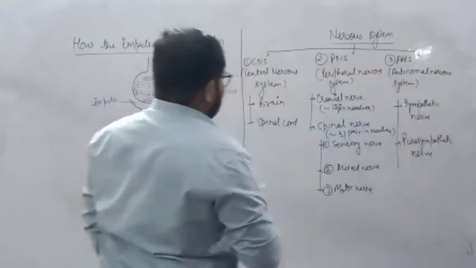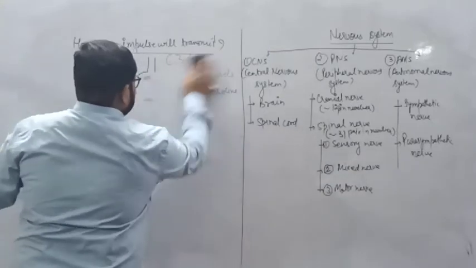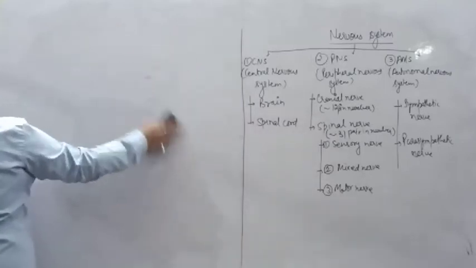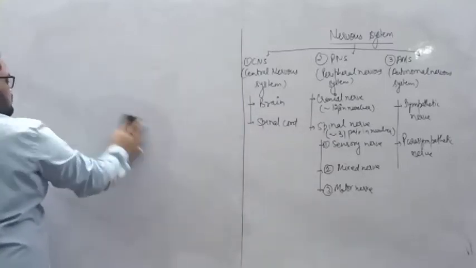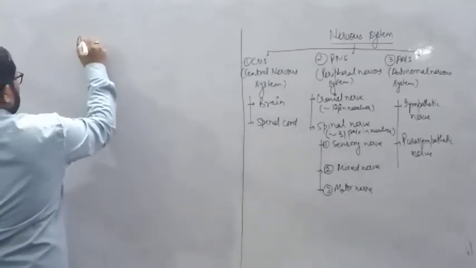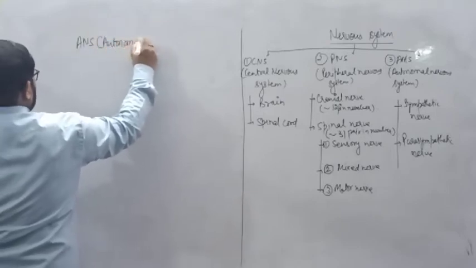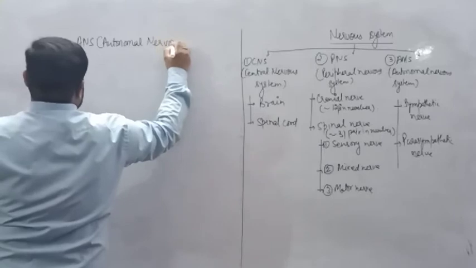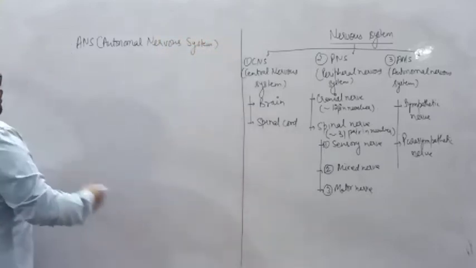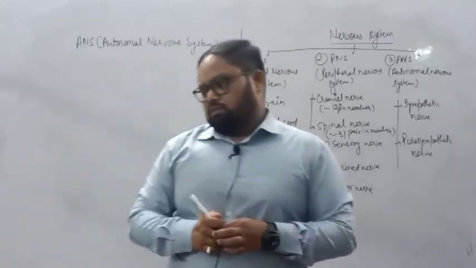Now listen. The first one is ANS, the autonomic nervous system. Autonomic nervous system means this nervous system works automatically.